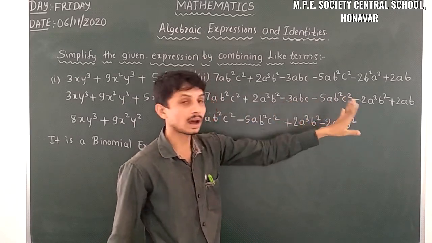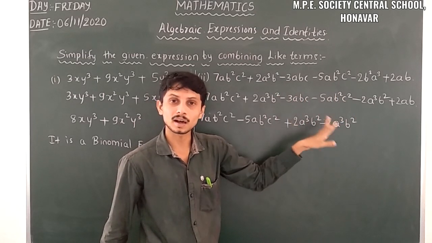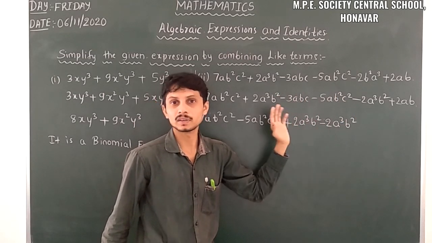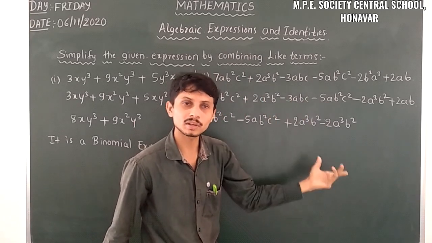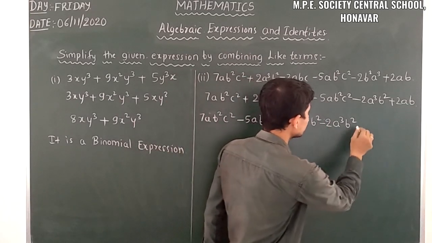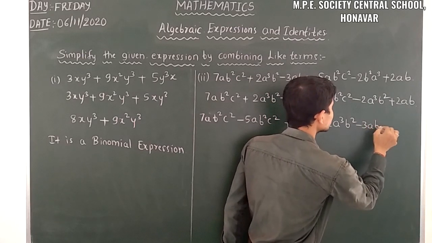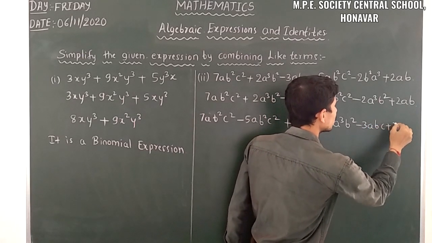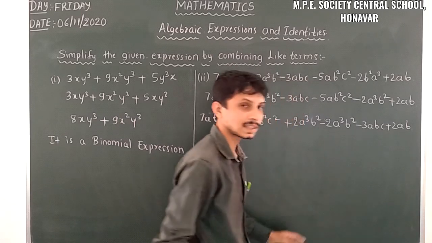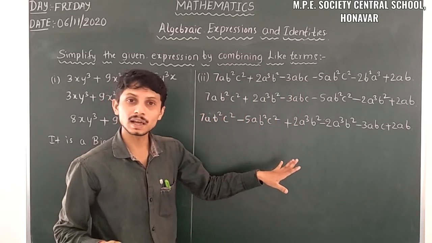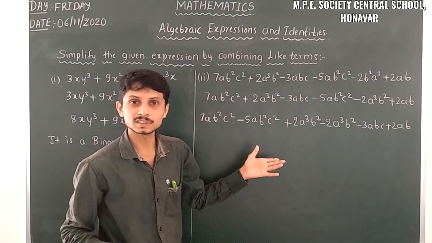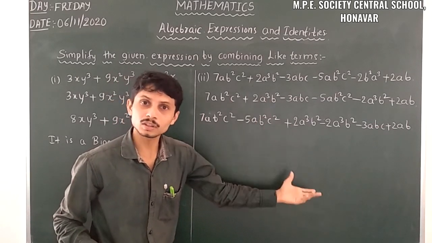Those are unlike terms, we can't add, we can't subtract. So as it is, you have to write it like this only: minus 3abc, along with the sign plus 2ab. Especially in this case, don't neglect the sign. Whatever sign is prefixed there, you have to take that.